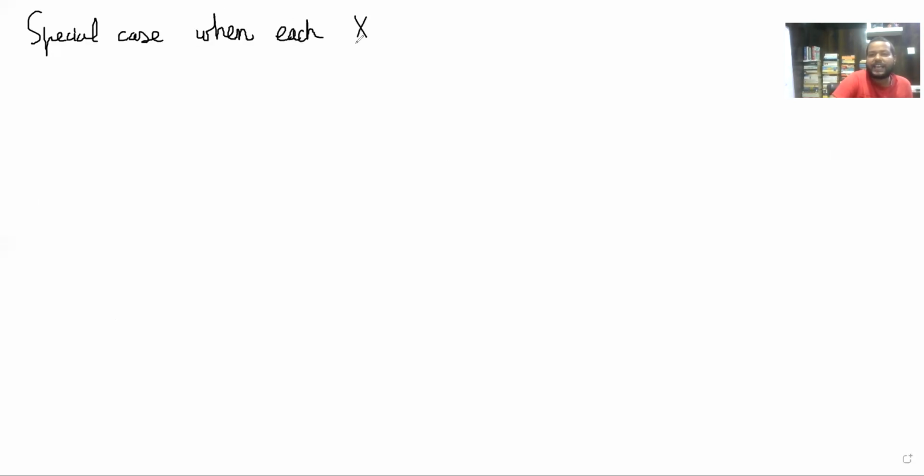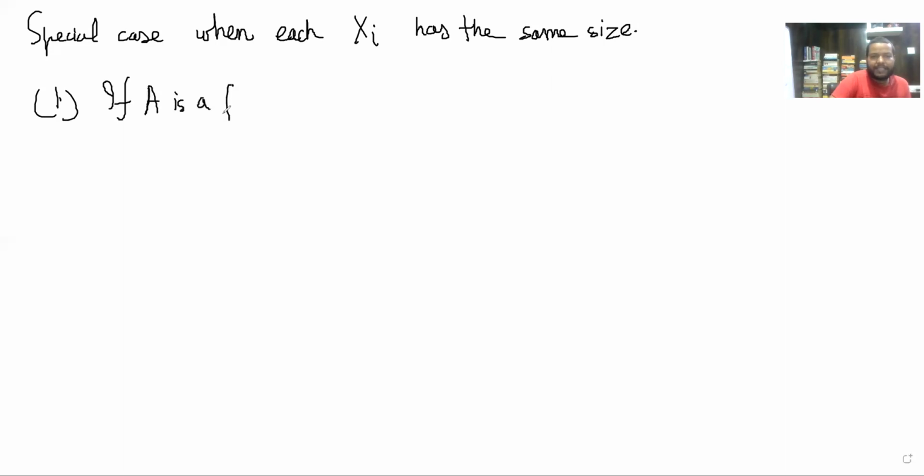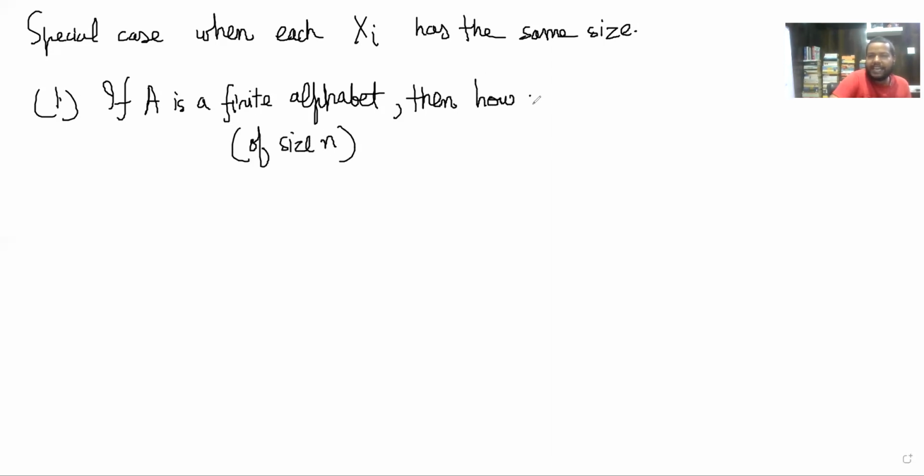This is the type of question that you will encounter when you say that if A is a finite alphabet of size n, then how many k length strings are possible? So what do we mean by this question?